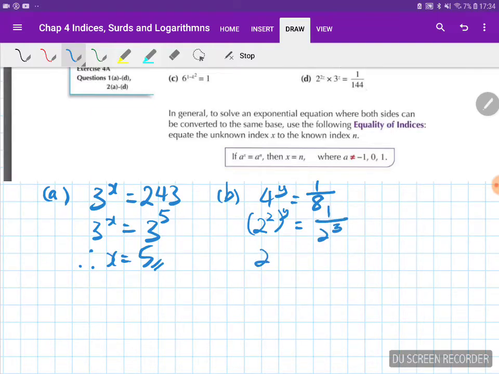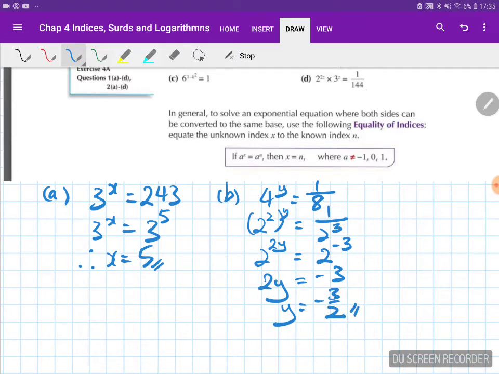So 2 square to the power of y is 2 to the power of 2y. 1 over 2 to the power of 3, you bring this up, is 2 to the power of negative 3. Since both sides have the same base, 2y equals negative 3, y equals negative 3 over 2. So we have done this in E-Math.